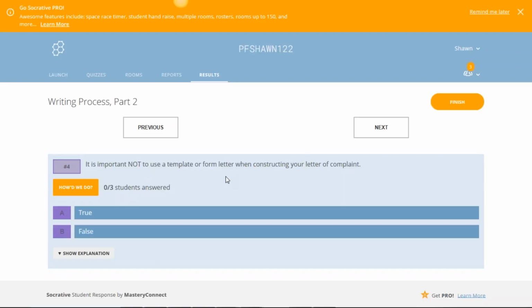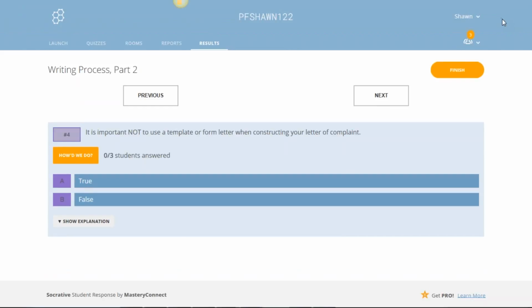It is important not to use a template or form letter when constructing your response. All right, all 3 of you answered, so let's see how we did.